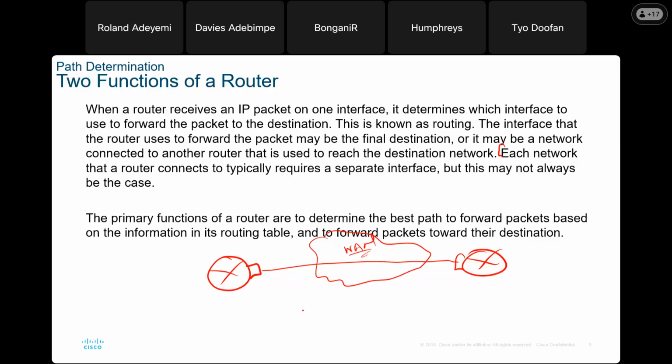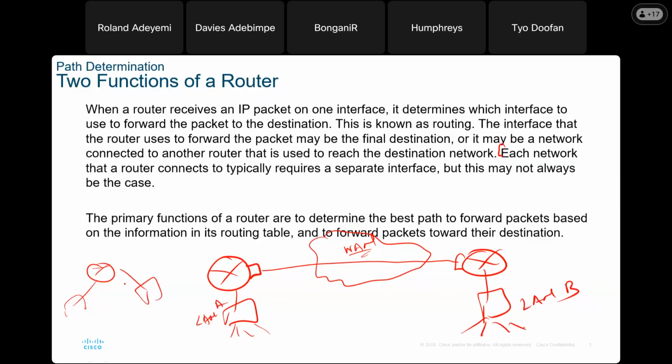So one thing you need to know is this: between two routers is a network. Then I can have my local area network here. Let's say this is our LAN A. This is our LAN B. Computers are here. Computers are here. What is the difference between this topology and the one we worked with when we started this router configuration? One is just a local area network that connects two different LAN segments together.